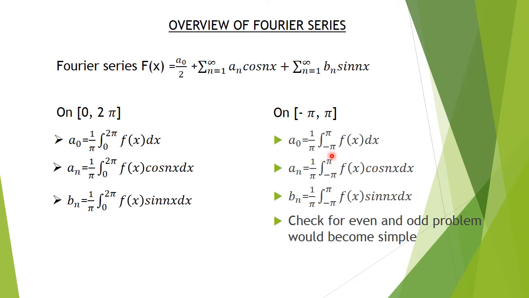For example, if it is even, the integral from minus pi to pi becomes 2 times the integral from 0 to pi, and if it is odd, it will be 0. So if the interval is given as minus pi to plus pi, you check whether the function is odd or even.